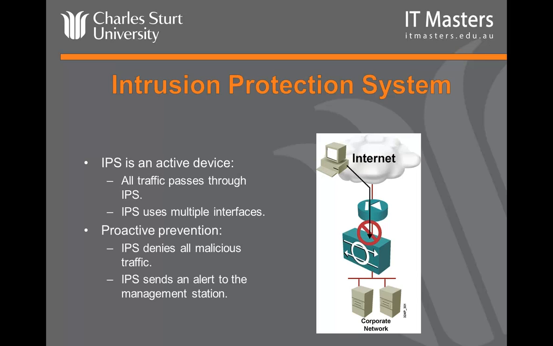Having said that, there's no reason why you couldn't have an IPS in line for your internet traffic coming through, but then have an IDS sitting out monitoring promiscuously all the traffic that's coming into your DMZ, for example, or in other specific VLANs that you would like to protect across your network. So whether that's an HR VLAN or a payroll VLAN, something like that.